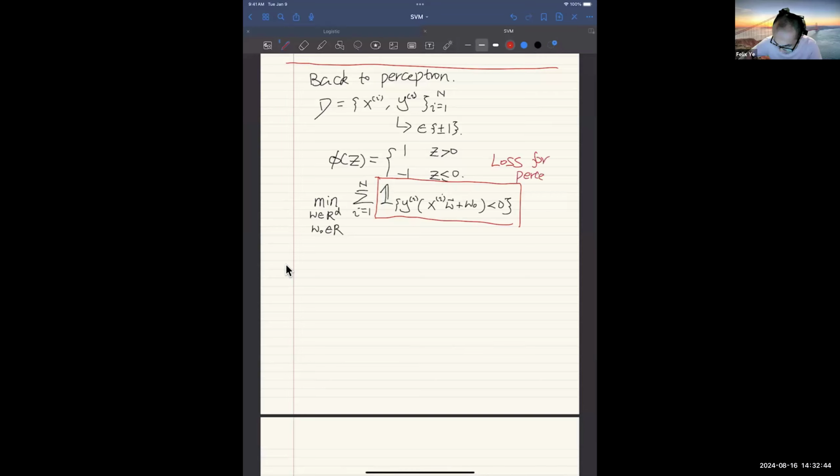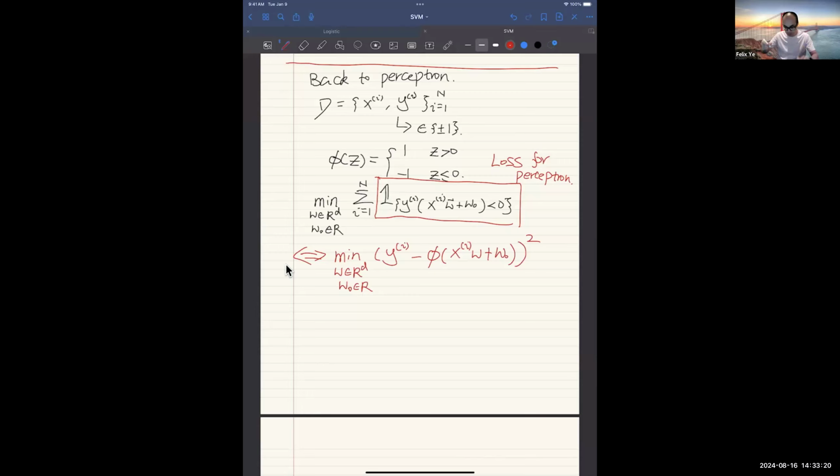So essentially we are working on this kind of problem. And this is equivalent to what we already did in the previous lectures: (yi minus phi of x_i w plus w0), then squared.